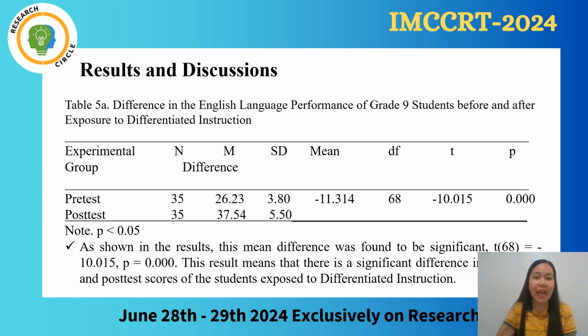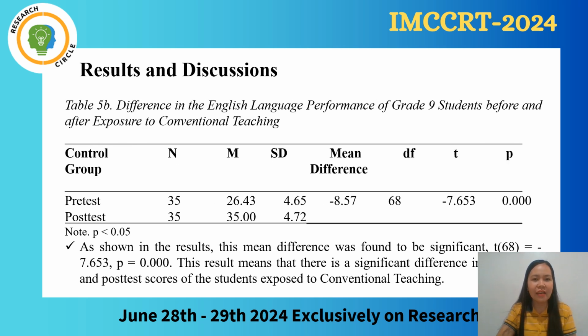Table 5A shows the mean difference, which is found to be significant. P is equal to 0.000. The result means that there is a significant difference in the pre-test and post-test scores of students exposed to differentiated instruction. Table 5B shows the English language performance of grade 9 students before and after exposure to conventional teaching. The result shows that there is significance.